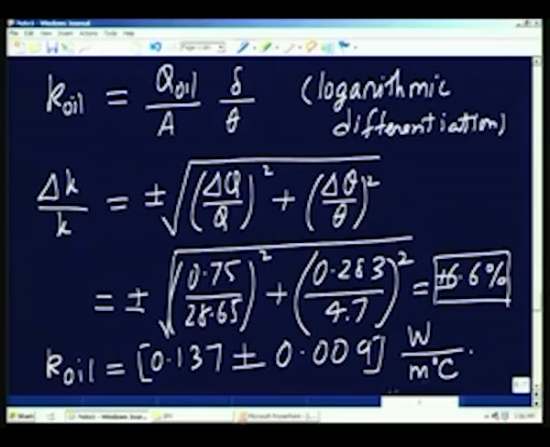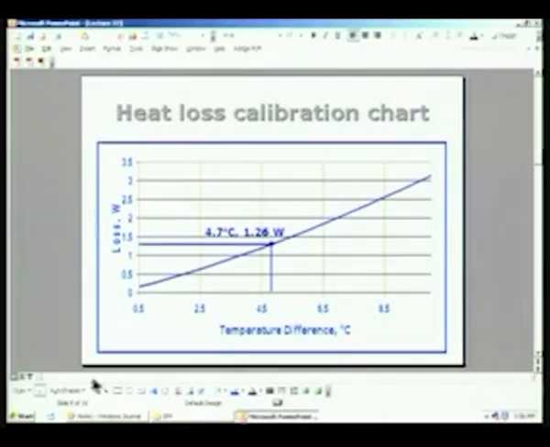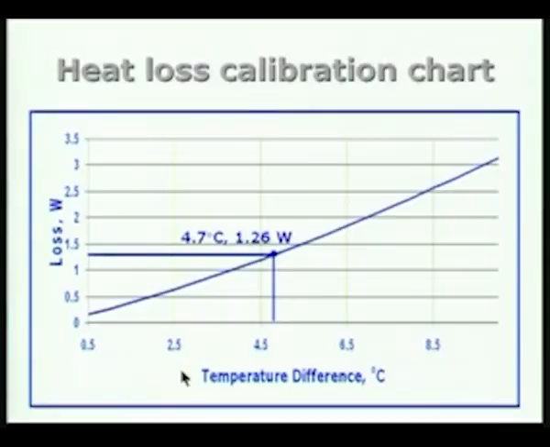Let us look at the loss term, which is given as a function of theta, and you can see that I have plotted the function loss versus theta, the cubic expression which was given. In the specific problem we have considered, the temperature difference is 4.7 and the corresponding value of the loss is 1.26.